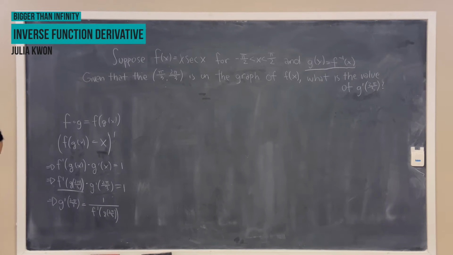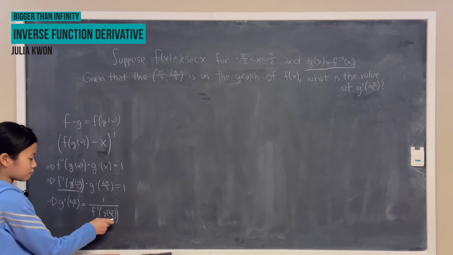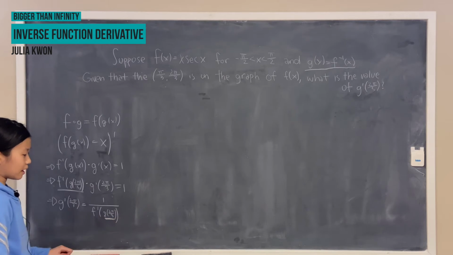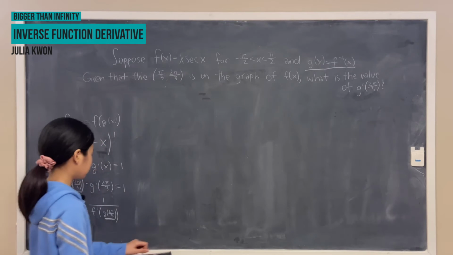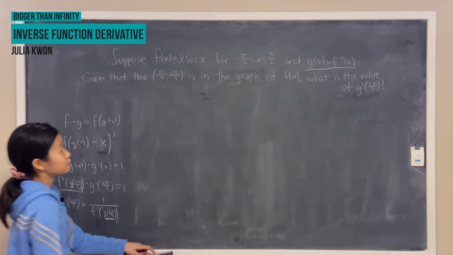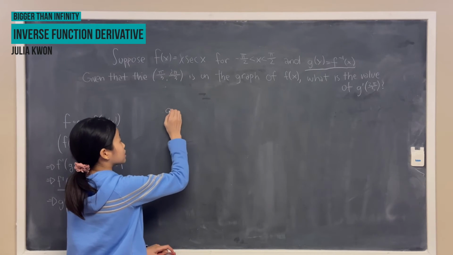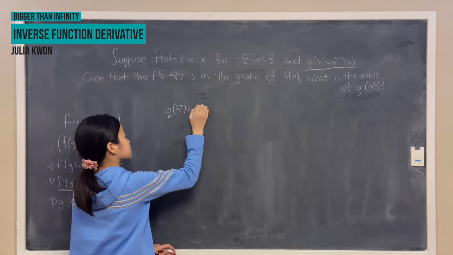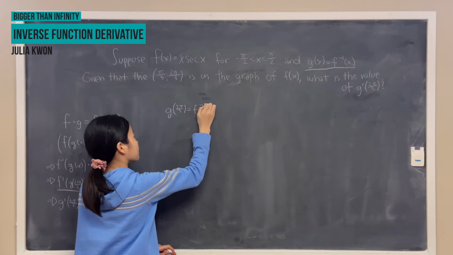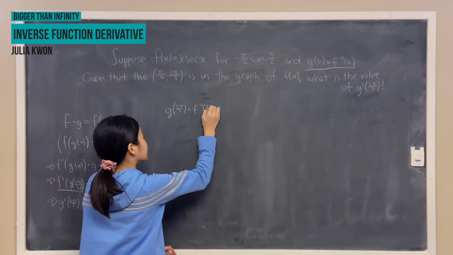So now obviously we're going to have to find g of 2 pi over 3 first, and the way we're going to do that is, g of 2 pi over 3 is equal to the inverse of f at 2 pi over 3, right?